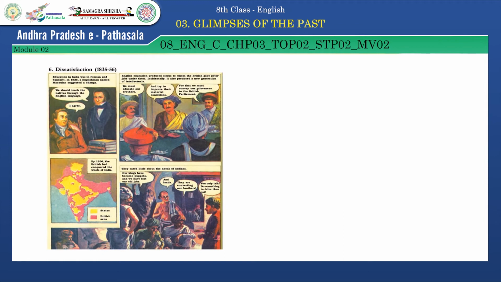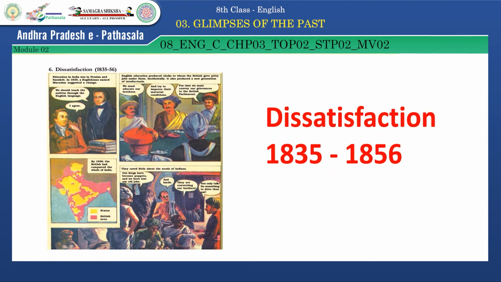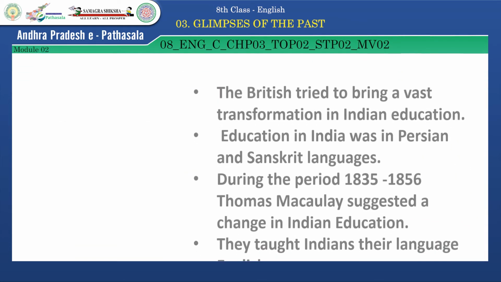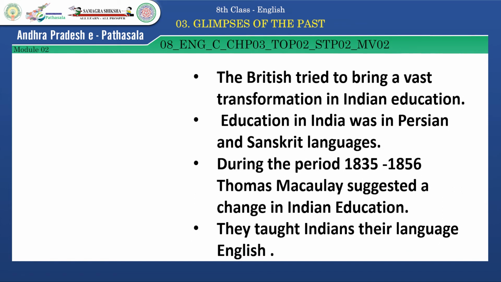The next event in the lesson is dissatisfaction. It took place from 1835 to 1856. In this, the Indians were not satisfied with the British rule. The British tried to bring a vast transformation in Indian education.